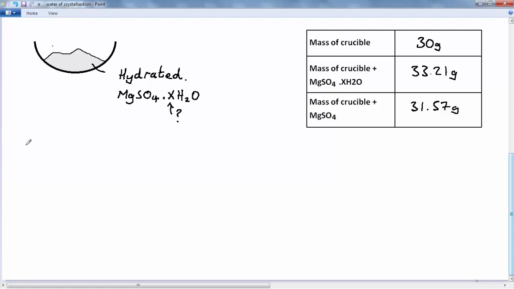Let's just make a note of that. Well, that's equal to 33.21 minus 30 grams, which gives us 3.21 grams.